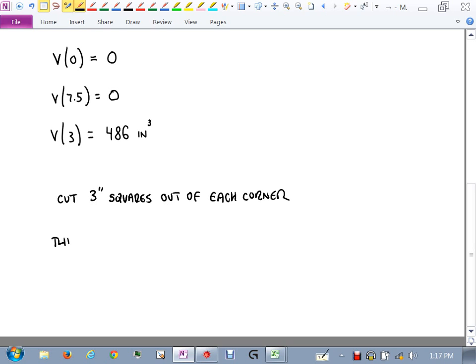This gives a maximum volume of 486 cubic inches.